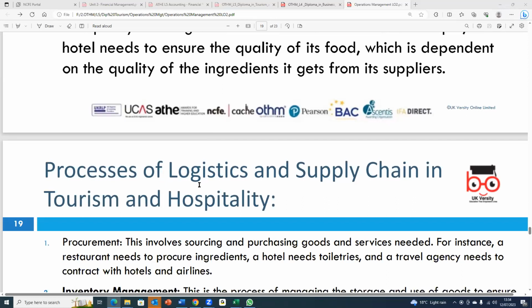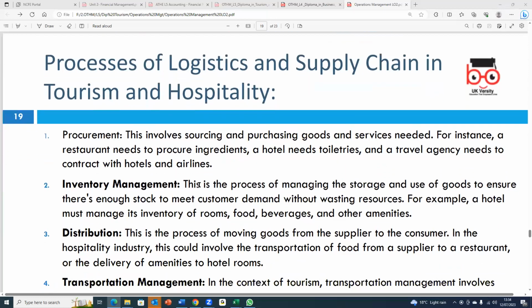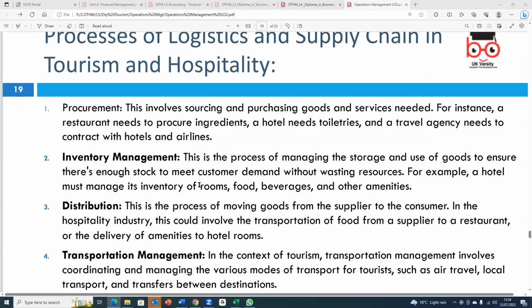Okay. We want to make sure also that the inventory management or the stock control, when we need to hold goods and services, they are there. We want to make sure that we have systems in place, we have the software, we have a process of managing the storage and use of goods to ensure that there's enough stock to meet customer demand without holding too much stock, without holding too little stock.